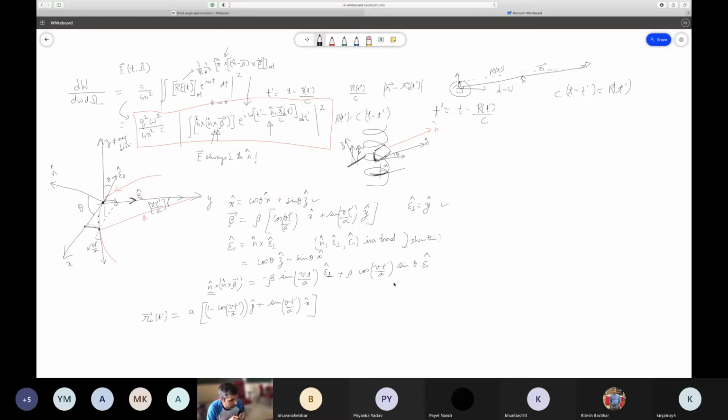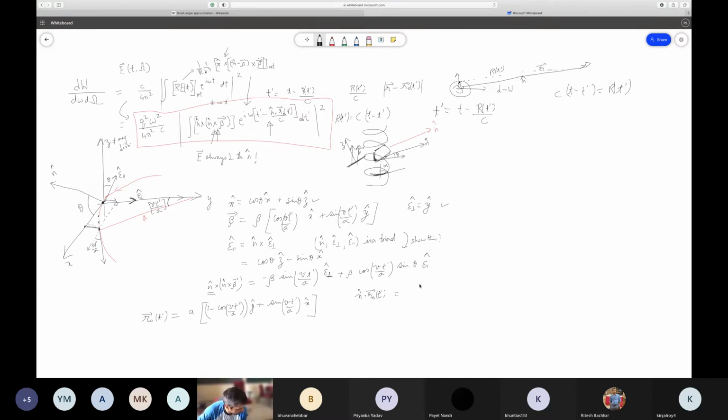What do we need? We need n hat dot r naught of t prime. What is that? n hat is this guy, so it is only along x hat and z hat, while this is along y hat and x hat. So this is simple.